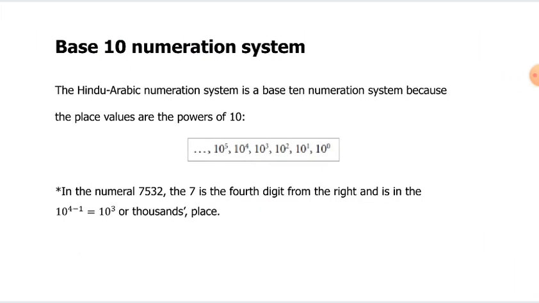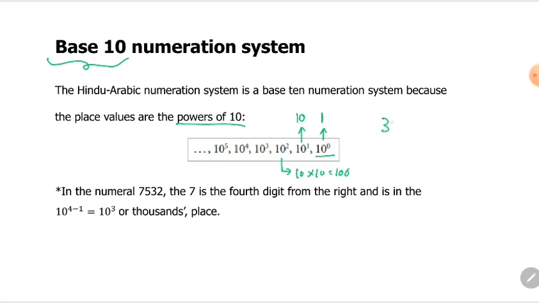Our place value system is a base 10 numeration system because there are powers of 10. So 10 raised to the 0, any number raised to 0 is 1. This is our 1's place value. 10 raised to 1, that's tens. 10 squared, that's 10 times 10 or 100, or the hundreds place value, and so on.